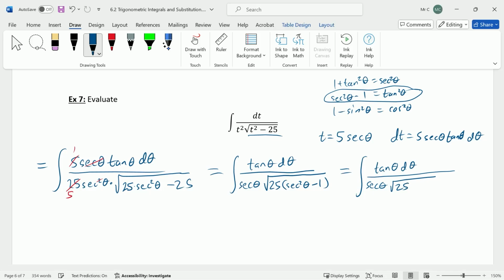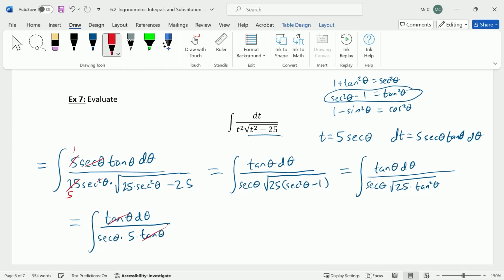Now I replace my secant squared of theta minus 1 with tangent squared of theta using my trig identity. And again, we know the square root of tangent squared is going to be positive because we talked about those restrictions on the variable here. So this is secant of theta times 5 times tangent of theta.